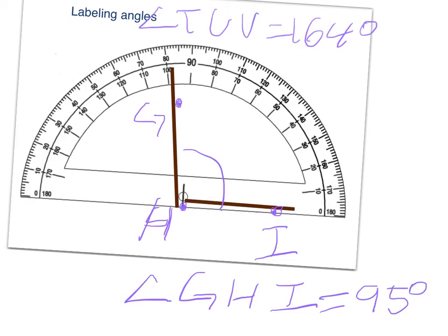So you always have to make sure that you're measuring from 0, depending on which angle you're measuring. Always start from the bottom line, and then work your way up to the next line. So you'll start at 0 and count. It depends on which side you're working from, which way the angle is on your piece of paper.